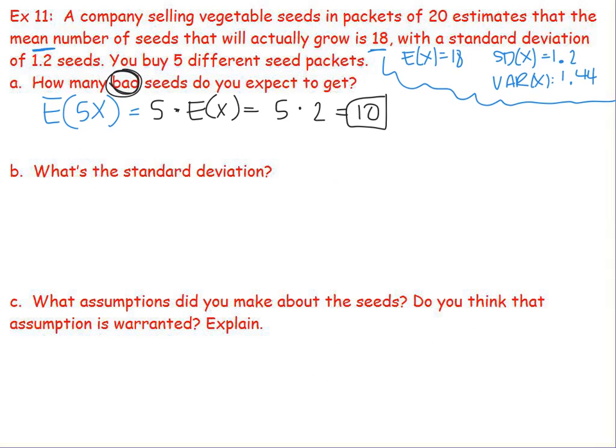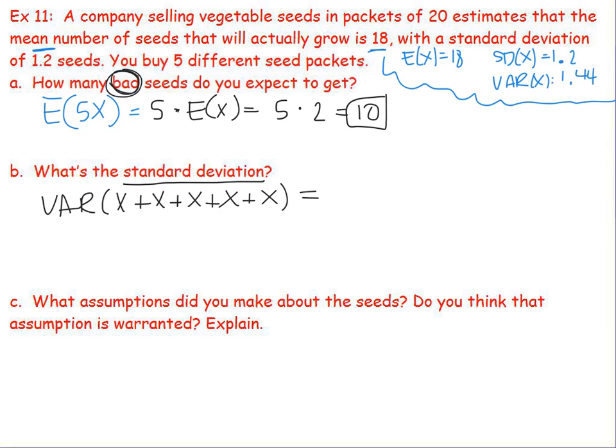Expected value. So we need to find the variance now. What's the standard deviation? We need to first find the variance in order to find standard deviation. Now, let's take a look at how we're going to do this. So we need the variance of 1x and another x and another x and another x and another x, because we got 5 packets.